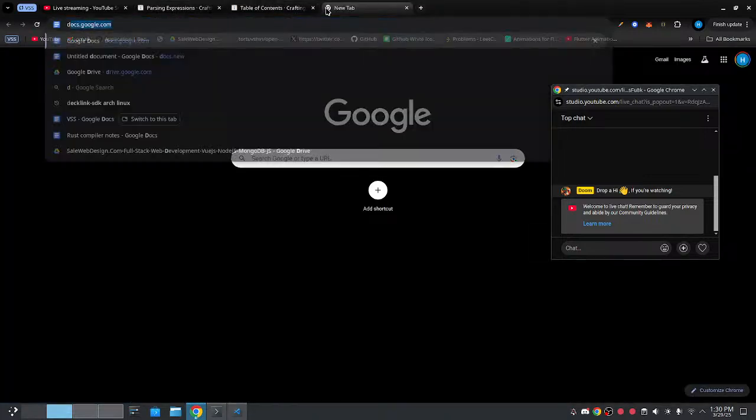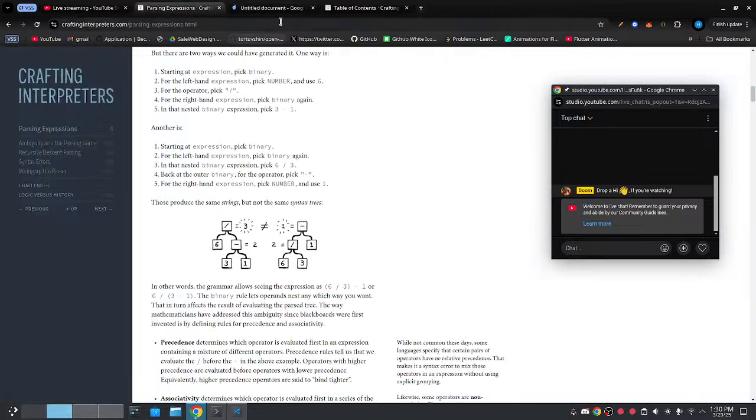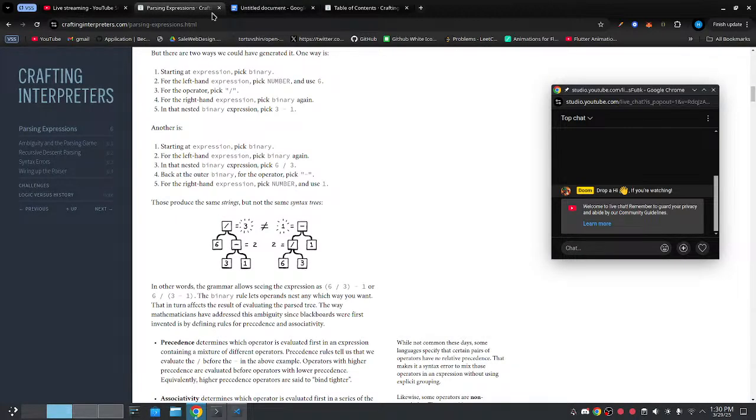Post-order is left, right, and then the node, right? So it would go left, which would give 6. Then we go to the minus, then we go to the 3.